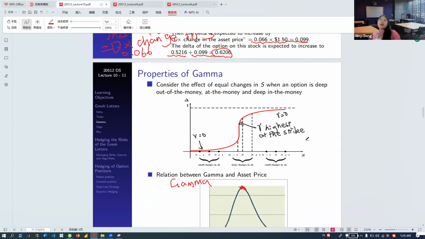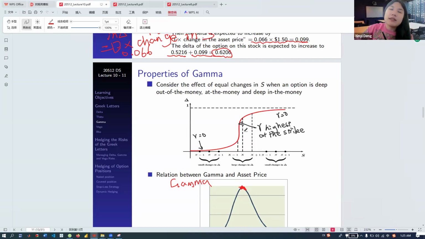Also, gamma can be reflected by plotting the x-axis against S, but the y-axis as delta, then gamma would be just the slopes on the curve.